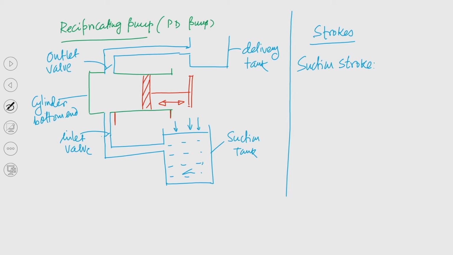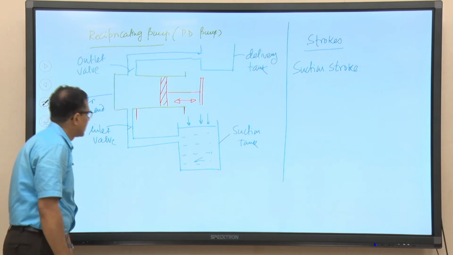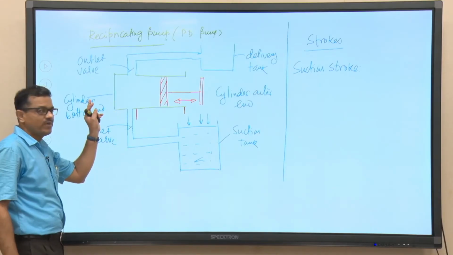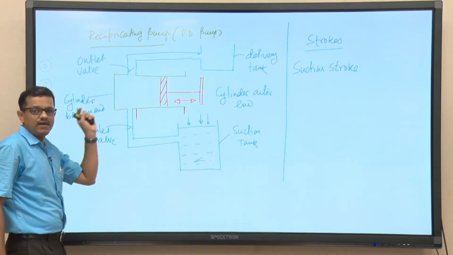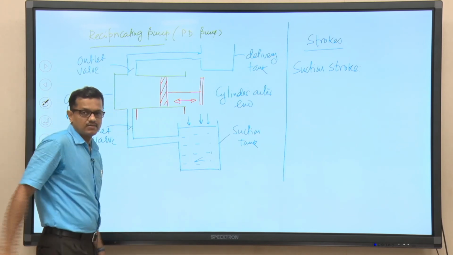You know that the piston will be at the cylinder bottom end, and then the piston moves towards the cylinder outer end. So, during the suction stroke, the piston will be moving from the cylinder bottom end to the cylinder outer end, right.